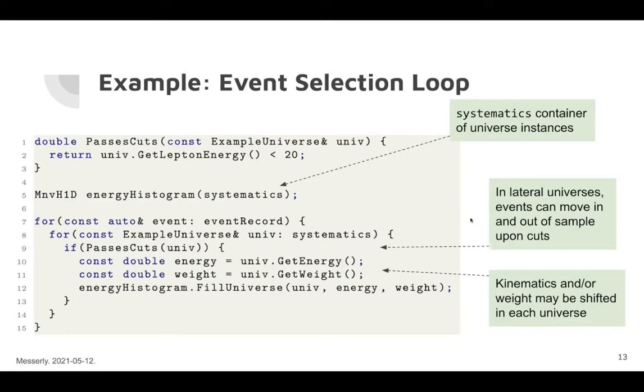So in this way, in lateral universes, events can move in and out of cuts. And then vertical universes will shift the event weight. And then here we fill the histogram according to the universe, and then the energy and the weight. And this will fill the underlying TH1D that I showed you the map of earlier.